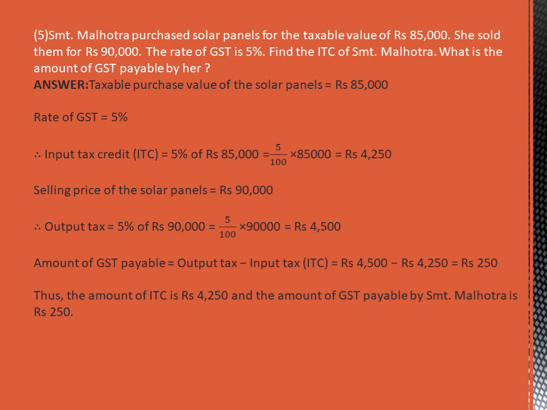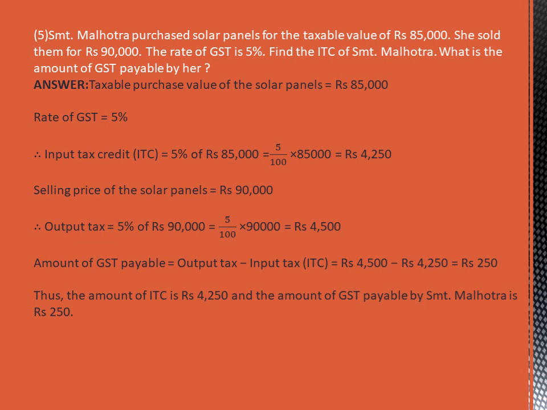Here the input tax credit is 4,250 and the output tax is 4,500. To calculate the GST payable, we take output tax minus input tax credit. Therefore 4,500 minus 4,250 is rupees 250, the tax paid by Malhotra.